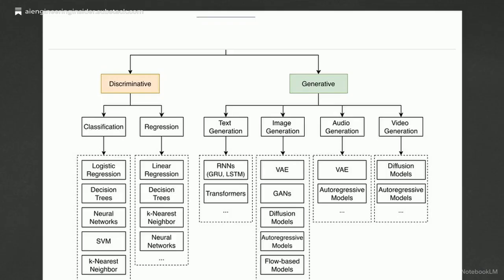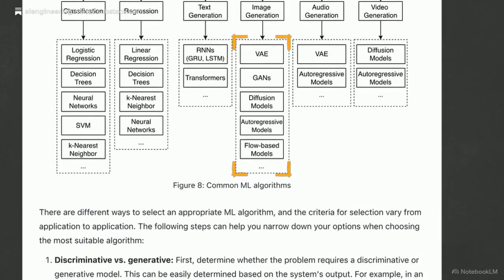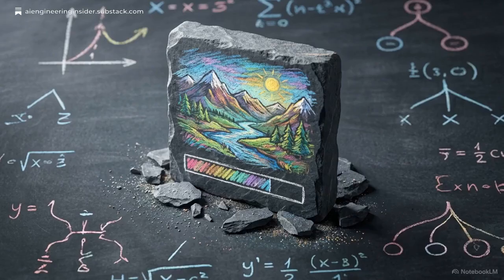This taxonomy tree illustrates the primary division in machine learning architectures: discriminative versus generative tasks. A text-to-image requirement instantly pushes an architect down the image generation branch, where choices narrow to variational autoencoders, GANs, or diffusion models. Here, the non-functional requirements finalize the decision.